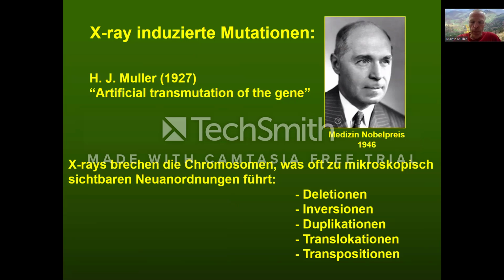So what do you get when you do X-ray mutagenesis? X-rays break the chromosomes and they are put anew together. So you can make deletions or inversions, duplications, translocations, and transpositions.